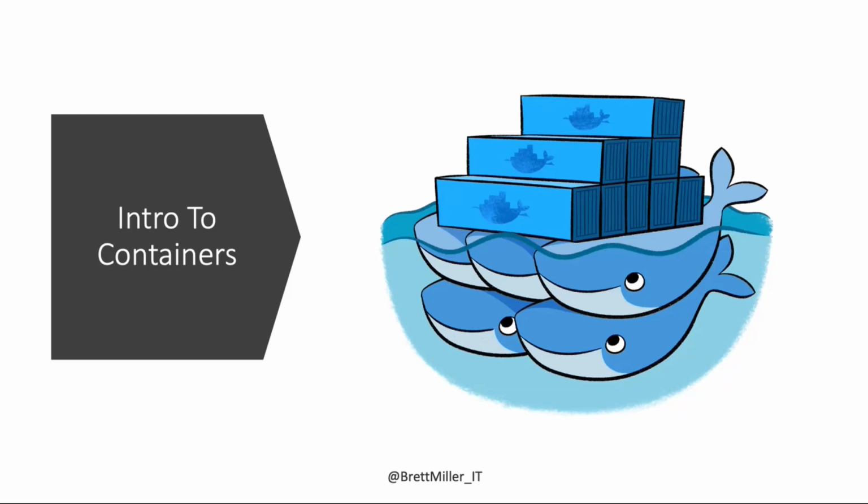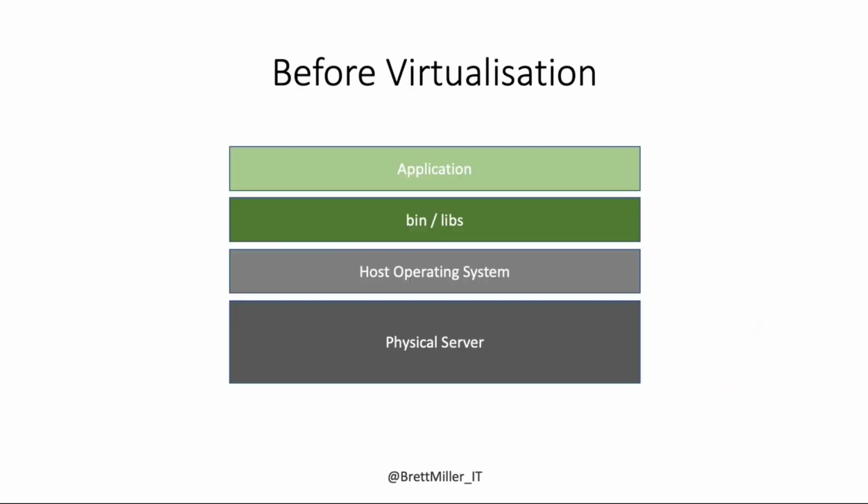So before containers, or before virtualization in general, this is what your general stack would look like. You'd have a data center with a physical server in a rack with an operating system on top of it, and then the binaries and the libraries, and then the application would sit on top of that. The downside of that is there has to be a physical machine.